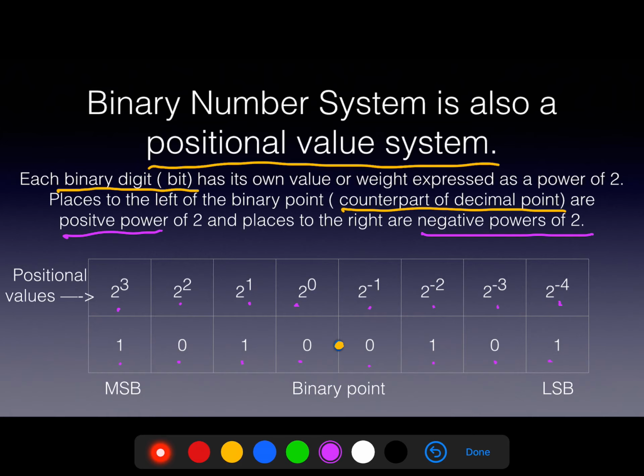As we have already discussed in the decimal number system, the rightmost is called the least significant bit, because it has the least significance, whereas the leftmost has the most significance, and that is why it is called the most significant bit in this given binary number.